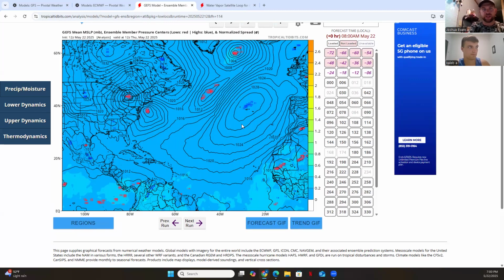So you see, for example, in the middle, all the blue numbers, that's all of the ensembles estimating where they think the Bermuda High is. Offshore of North Carolina, you have a real tight cluster that is indicating a low pressure system that is pulled offshore of the East Coast. And the ensemble are pretty dialed in at what time?